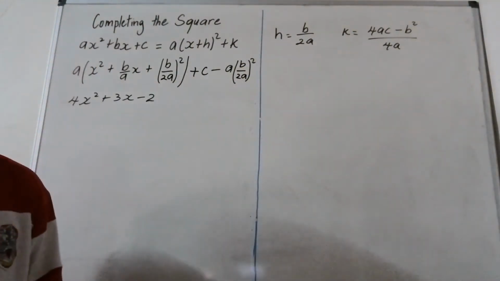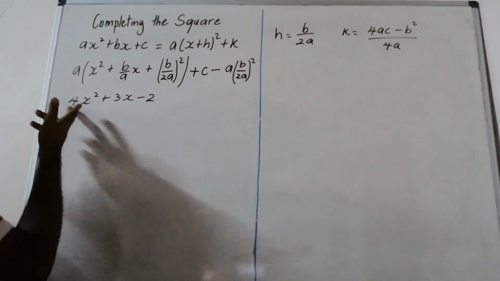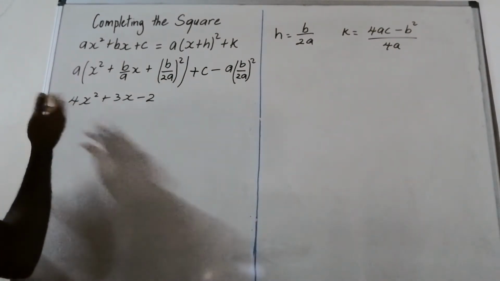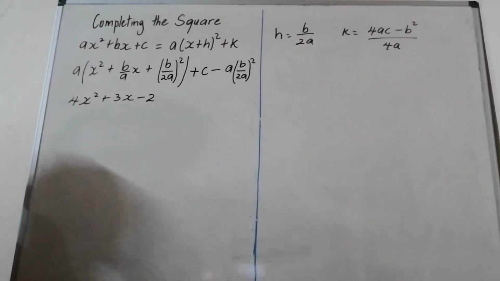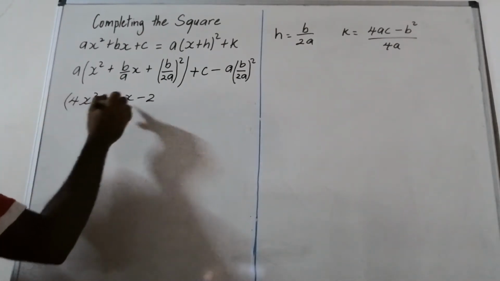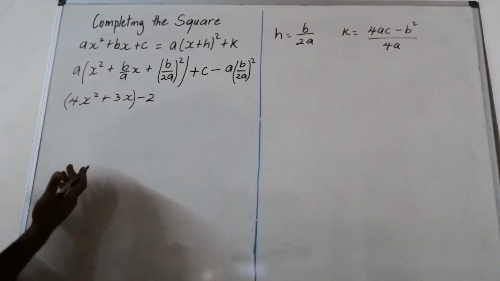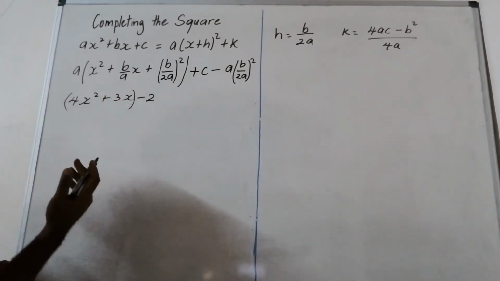Here we have another example, but here we have a number other than 1 as the coefficient of x squared. First, remember, we're rewriting this portion as a perfect square.